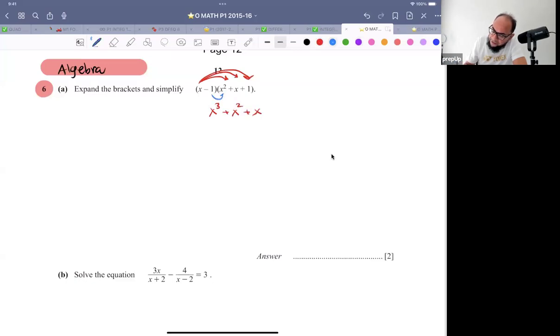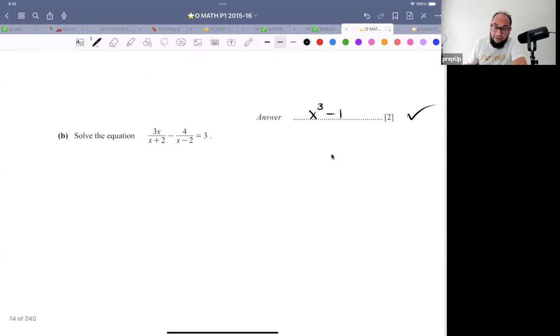And then negative 1 into this, into this, into this. That is negative x square, negative x, negative 1. And when I add it up, the x square and the x cancel out. We are left with x cube minus 1. That is the answer.